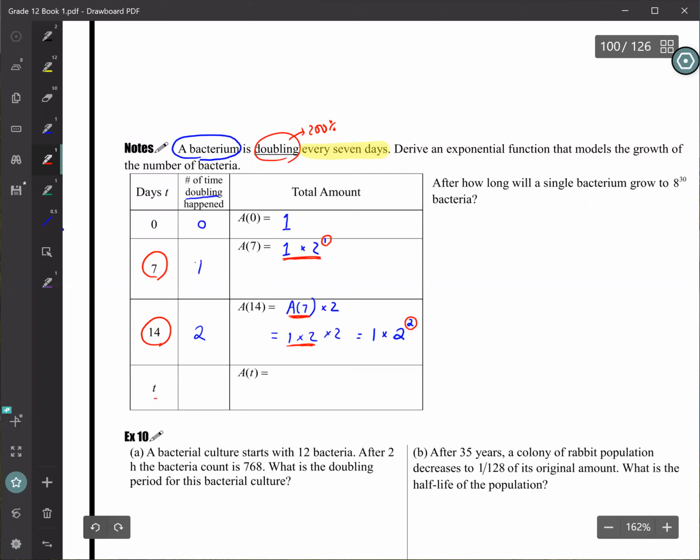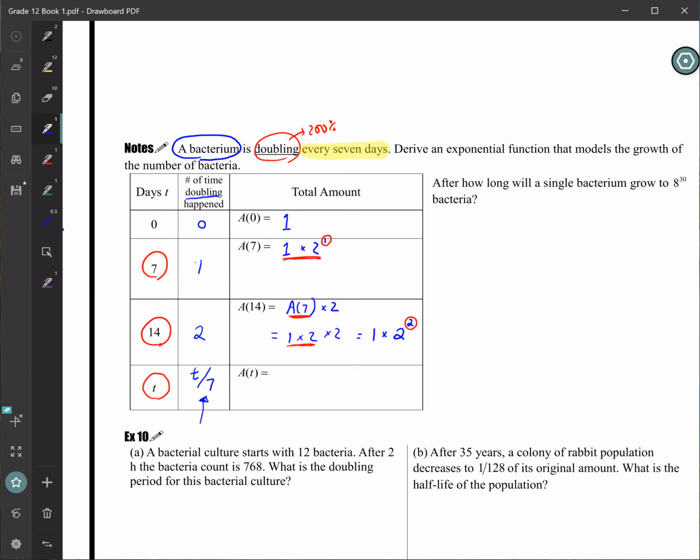So what about t days? What will be the number of times? What should we fill inside here then? T over 7. T over 7, very good. We need to see how many 7s fit inside the total time. Then what about the formula?